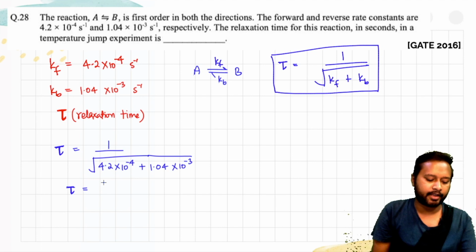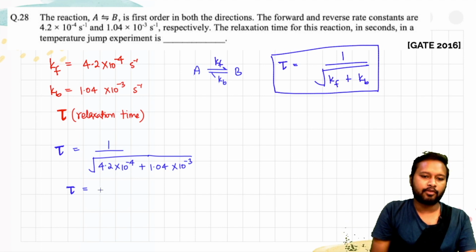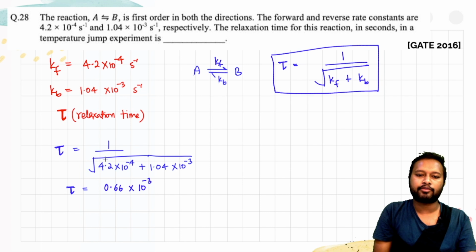I have just directly calculated this through a calculator. The powers of 10 won't get added like that, so first get the value of 4.2 into 10 to the power minus 4, add that with 1.04 into 10 to the power minus 3, then take the reciprocal of that value. So you will get something like this.